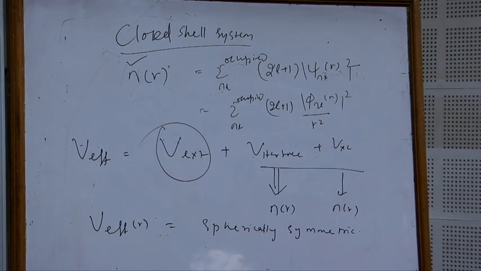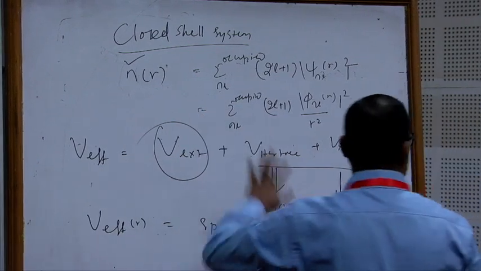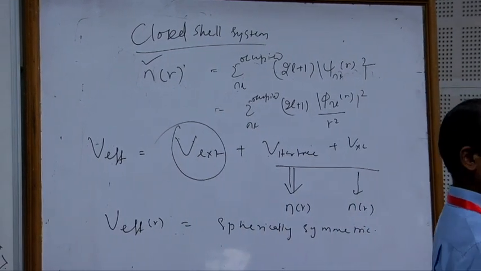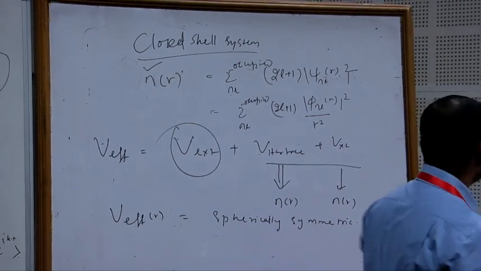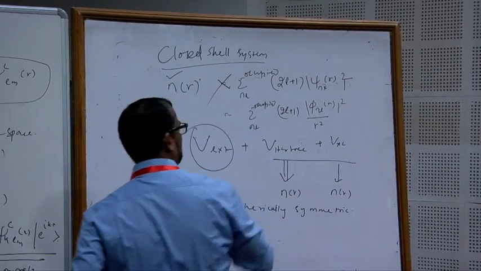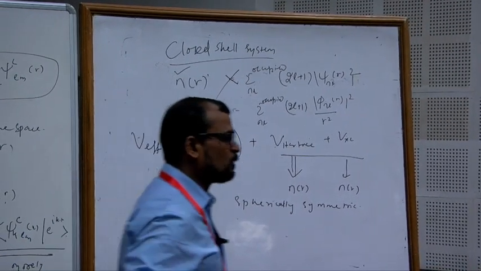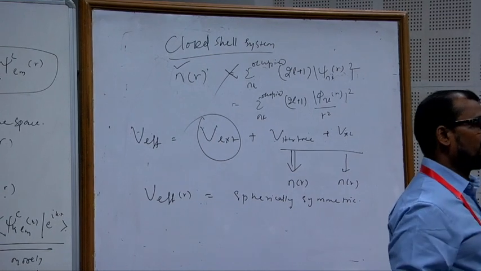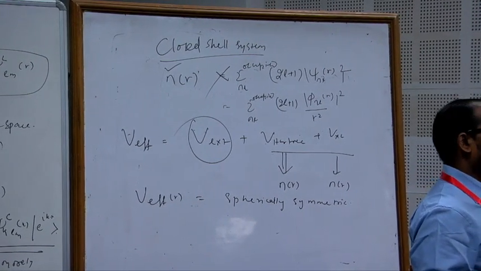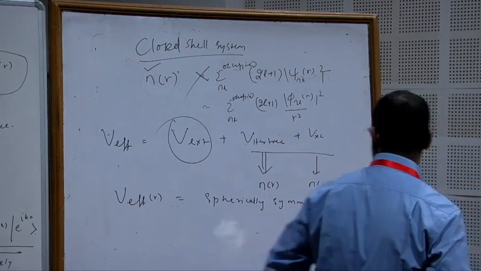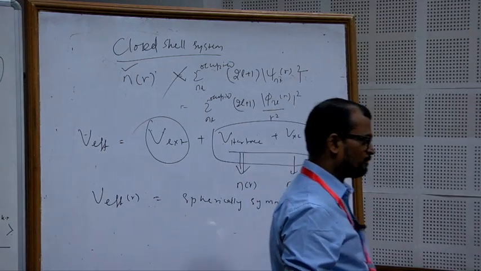But when all the angular momentum states are not completely occupied, this is no longer true. If this is no longer true, your n(r) is not spherically symmetric. If your n(r) is not spherically symmetric, you cannot say that these two components are spherically symmetric.